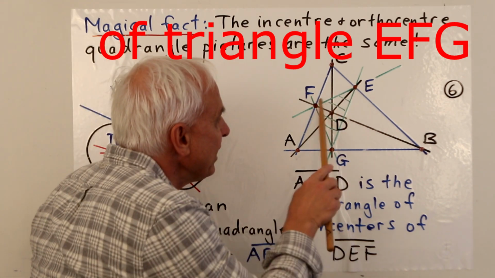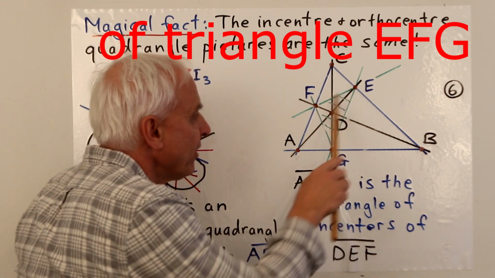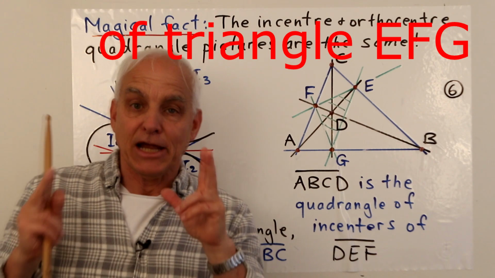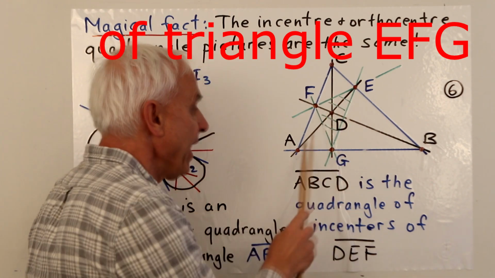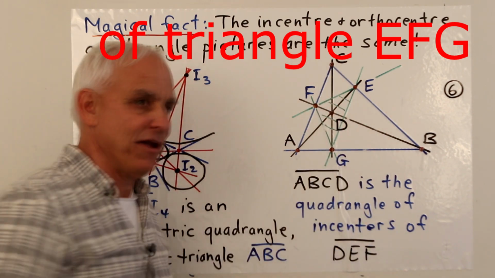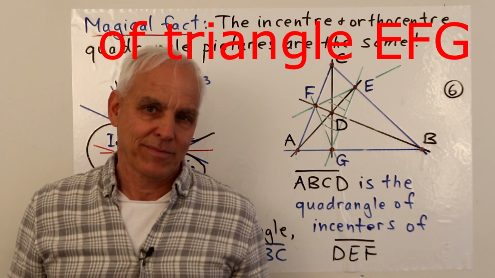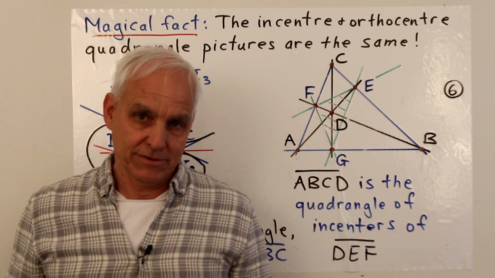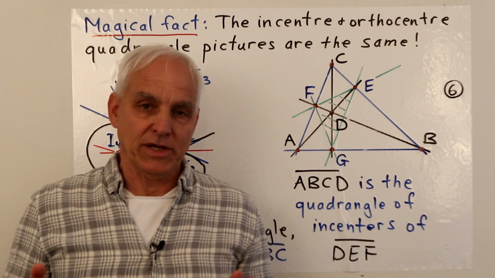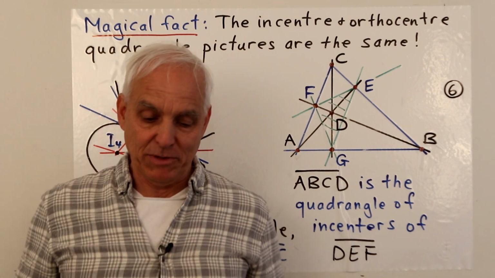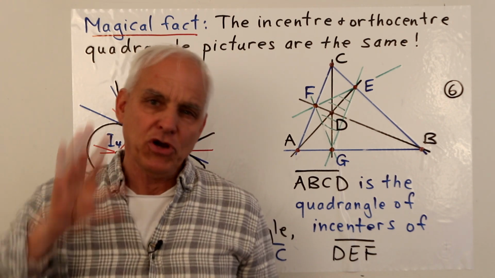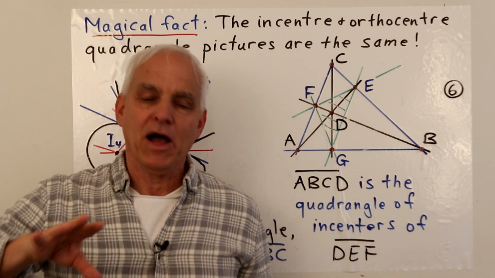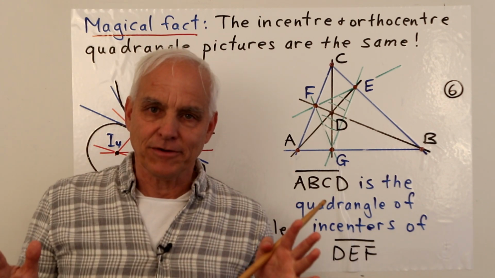This triangle DEF, this orthic triangle, has incenters exactly D, A, B, and C. That's a non-trivial fact. It's not so easy to prove. If you have some experience in geometry, you might like to try to prove that. But for your homework, I don't want you to prove it. I want you to verify it.